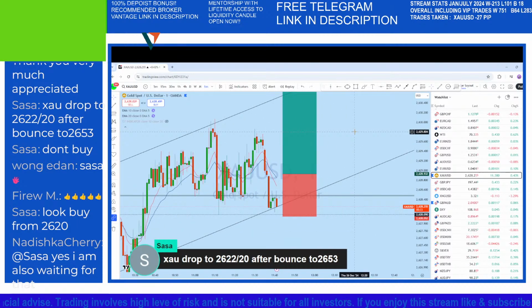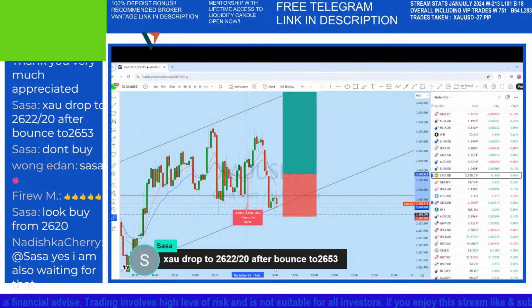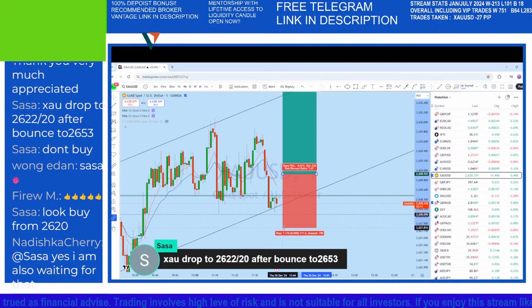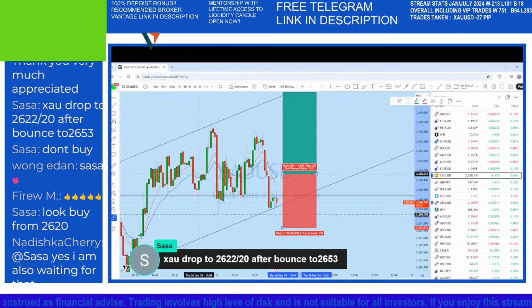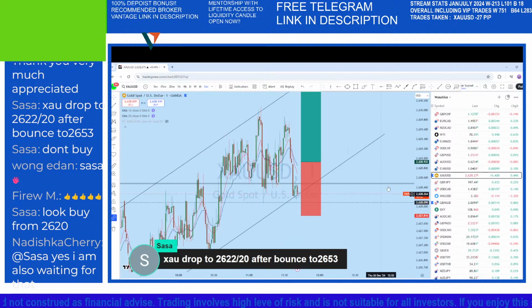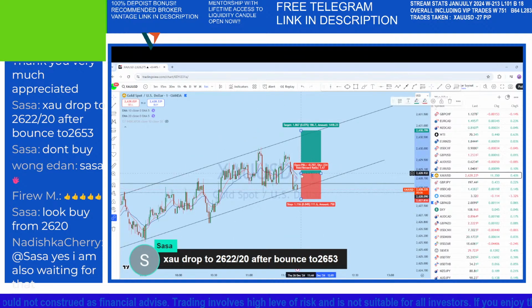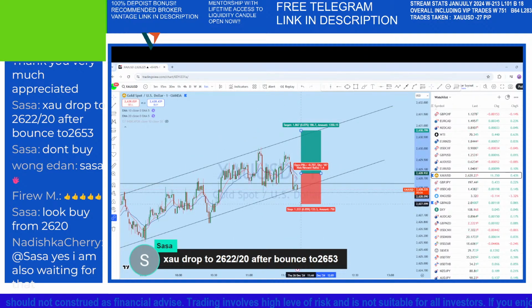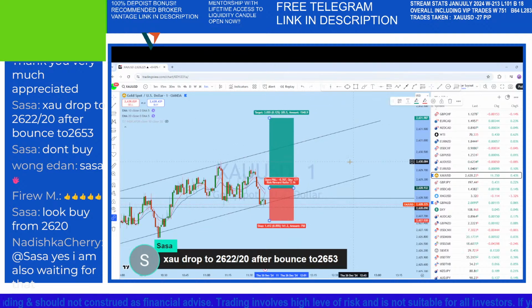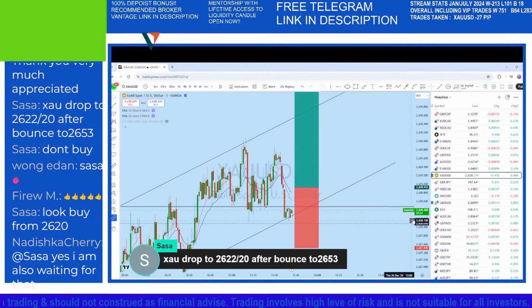I'm readjusting the buy stop, just changing the location of the buy stop to this level where we can keep a little wider stop loss in that area. So readjusting the buy stop, just changing the buy stop entry order, everything's the same.